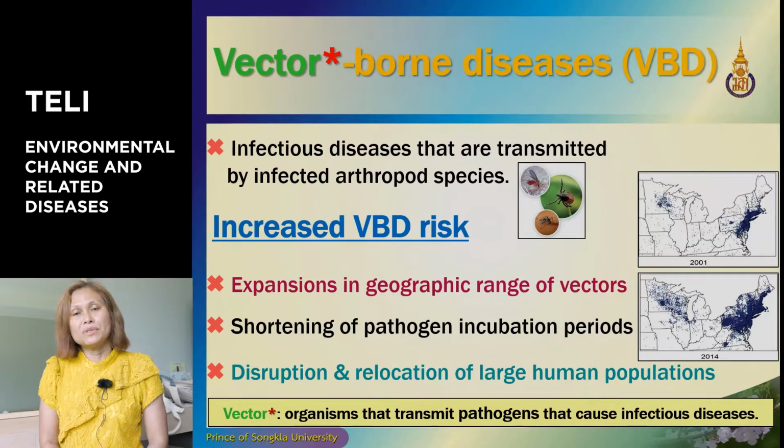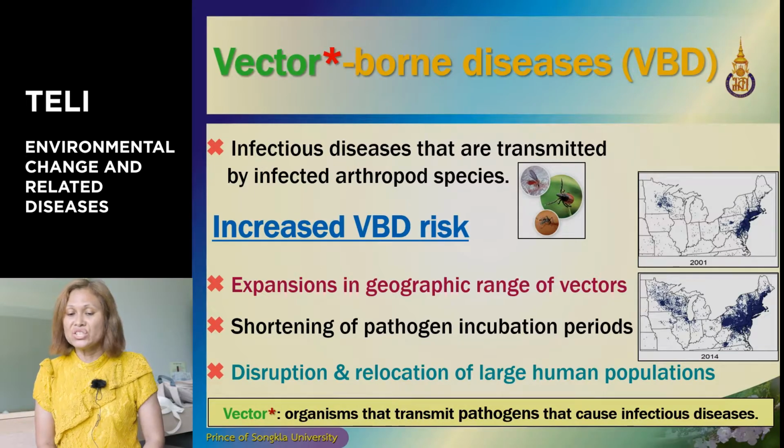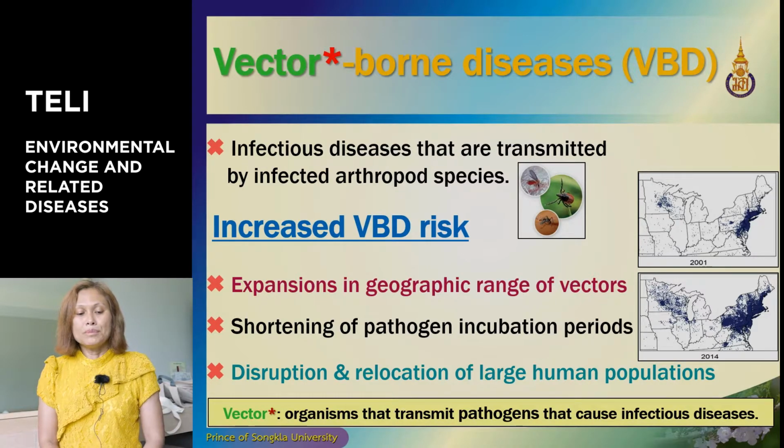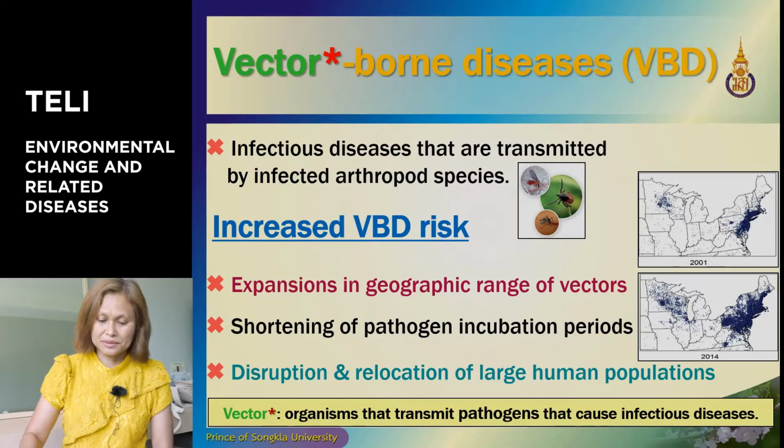An example is North America, as you can see in the right-hand figures, where there has been a northward expansion of ticks that can transmit infectious disease. Other factors are shortening of pathogen incubation periods and disruption and relocation of massive human populations.